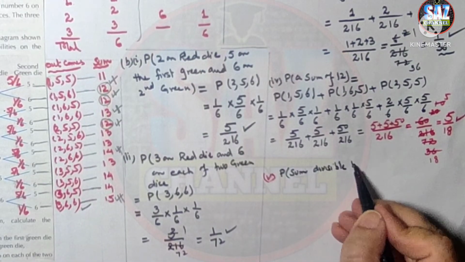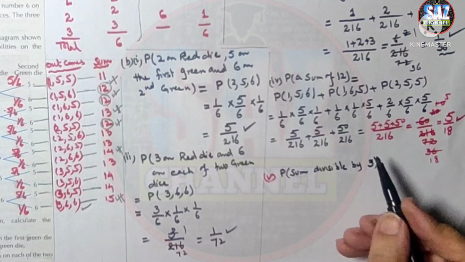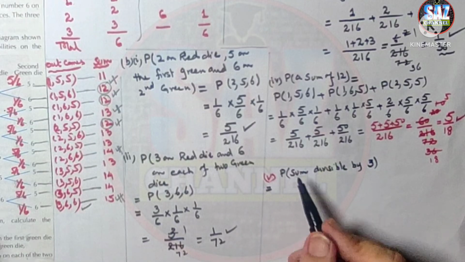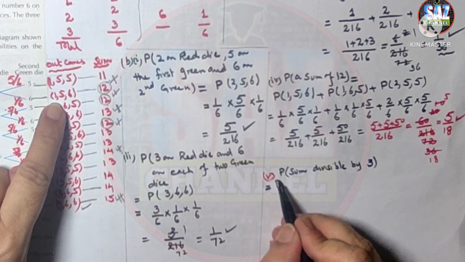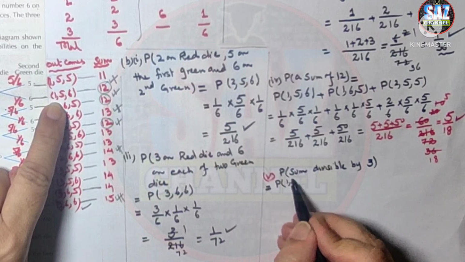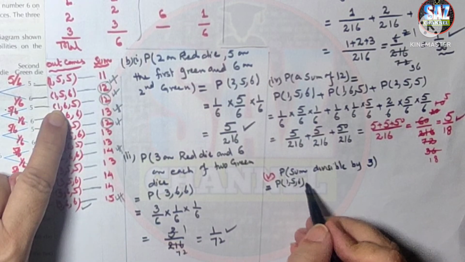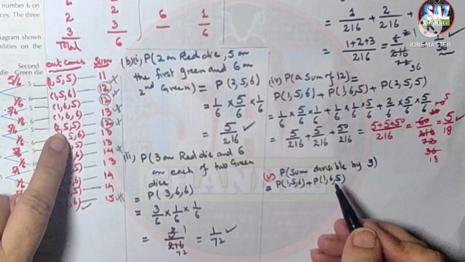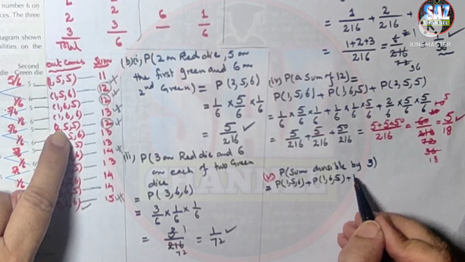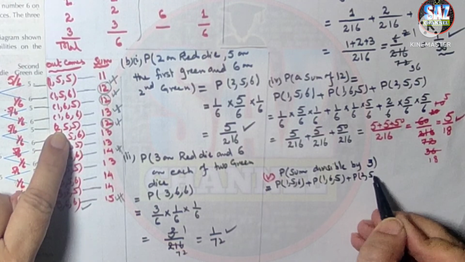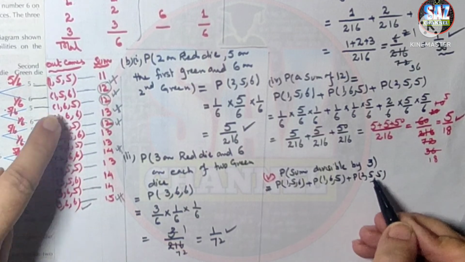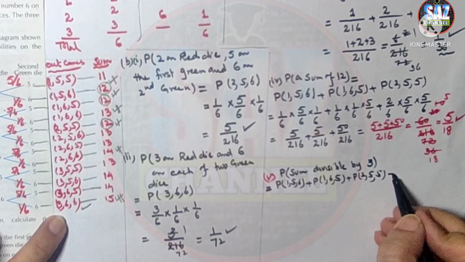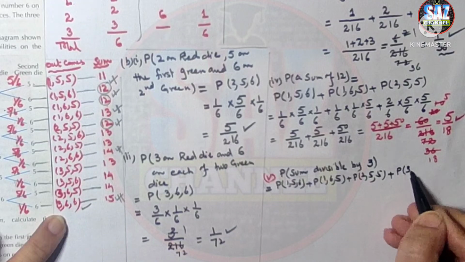For that purpose, we have to find probability of 156 plus probability of 165 plus probability of 255. We are having sum 12 three times and sum 15, probability of 3, 6, 6.